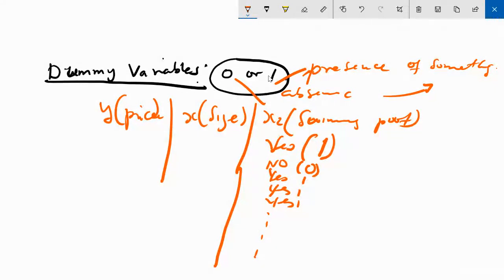But there will be cases where it doesn't matter which option is assigned to 1 and which option is assigned to 0. I gave an example of gender. There's no rule that we should always assign 1 to male and 0 to female, or the other way around. It's up to you which one you want to make 0 and which one you want to make 1.